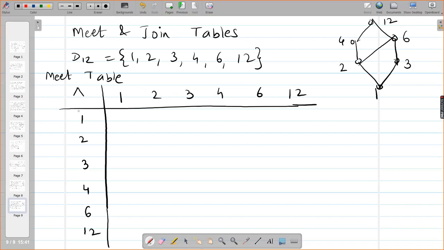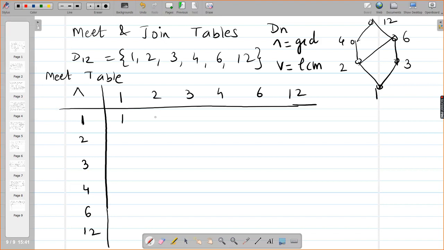Okay. What is 1 meet 1? Now in case of Dn, I told you meet means GCD and join means LCM. So what is the GCD of 1 and 1? It is 1. Girls, are you there? Yes, ma'am.